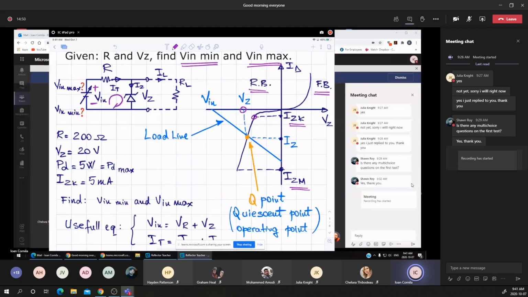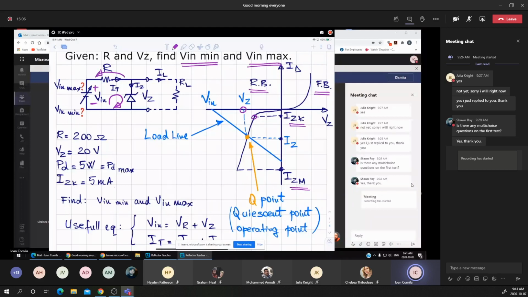Now, applying the KVL on the inner loop, we can find that the input voltage Vin equals the voltage drop across the resistance plus the voltage VZ.